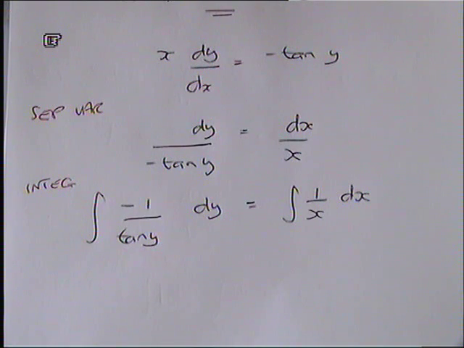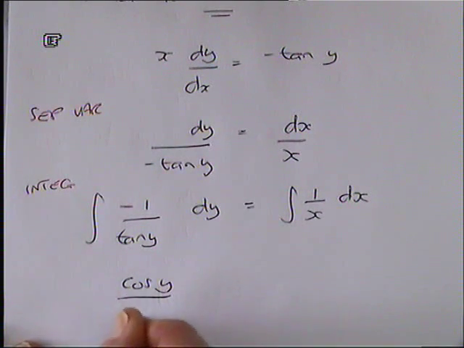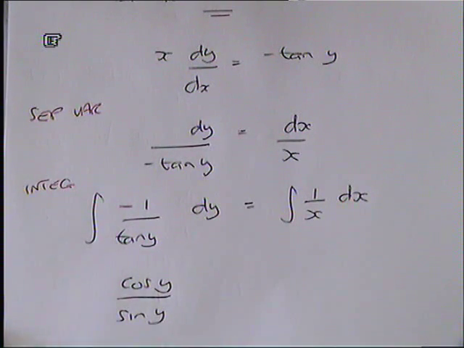Taking the silence to mean no. What is tan the same as? Sine over cos. So what is 1 over tan the same as? Cos over sine. Because tan was sine over cos, 1 over tan must be cos over sine.